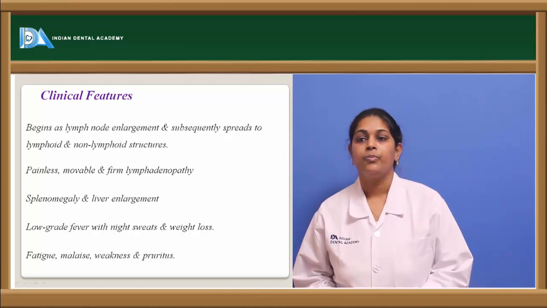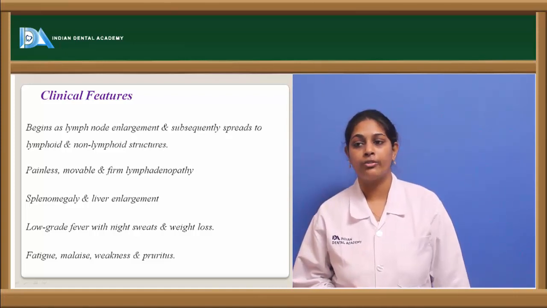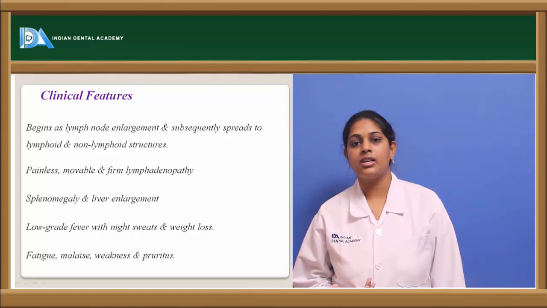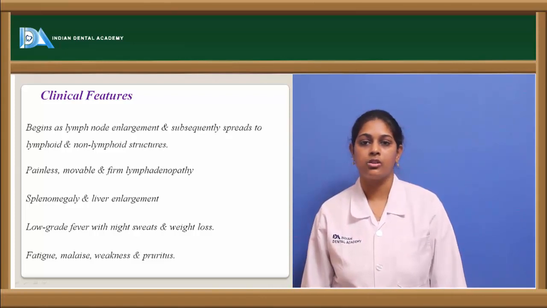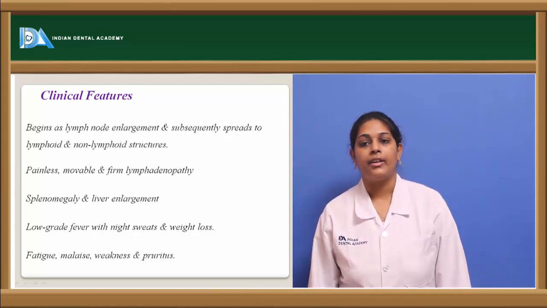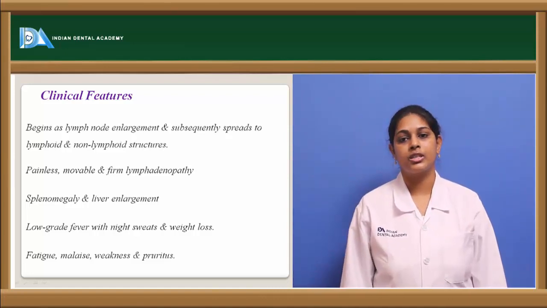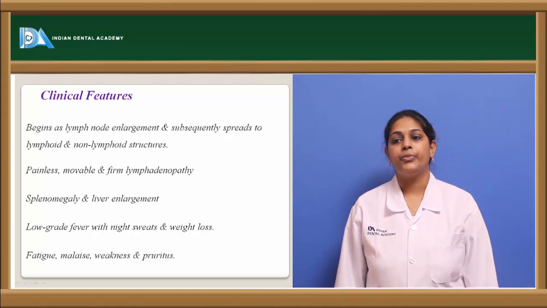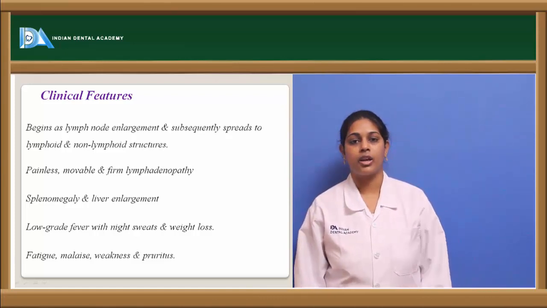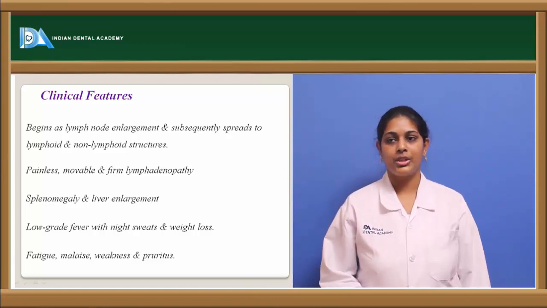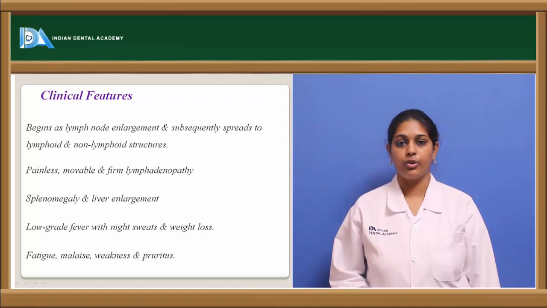The patient might give a history of low-grade fever with night sweats, as well as unintentional weight loss. The patient might also experience weakness, pruritus, that is itching of the skin, and fatigue and malaise can also be seen. So these are the clinical features of Hodgkin's lymphoma.